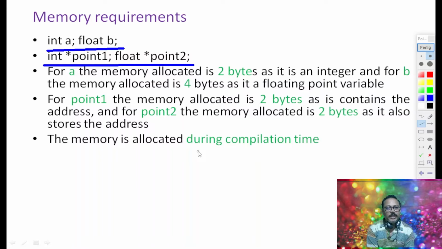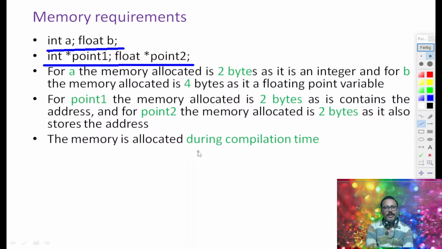And the amount of memory allocated, is it 2 or 4? How much memory is allocated for p1, and how much for p2? It actually depends on the address, but the amount of memory allocated is independent of the data type to which it is pointing. That means for both p1 and p2, the same amount of memory is allocated.